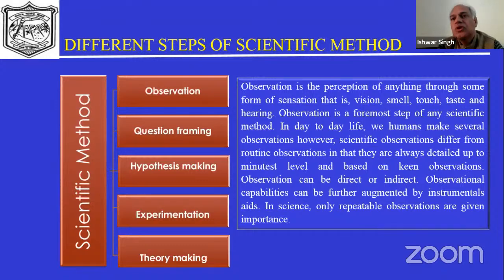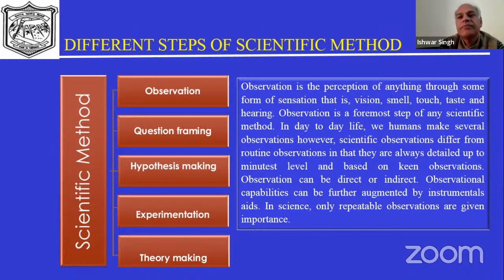So when we do our day-to-day routine observations, we are making perceptions in this way. But when we are saying that we have to make scientific observation, then we have to overcome this limitation of the mind or the brain functioning or the human mind functioning.